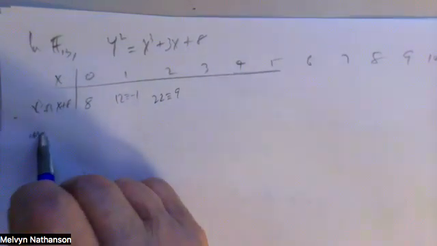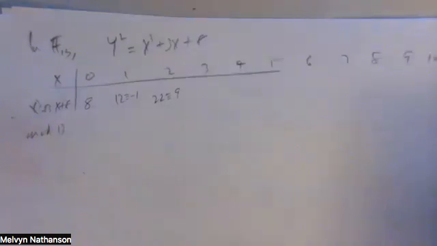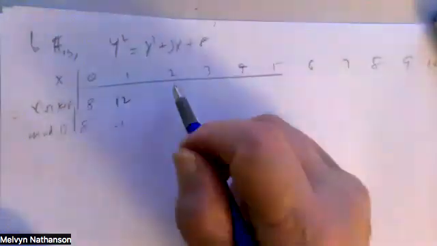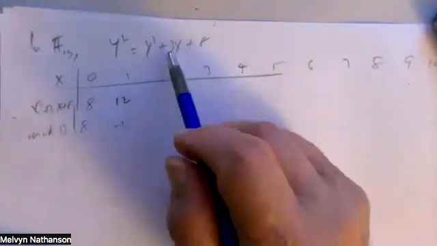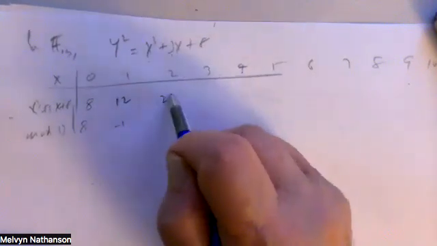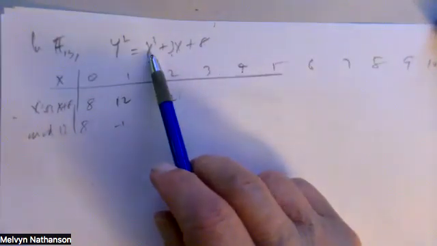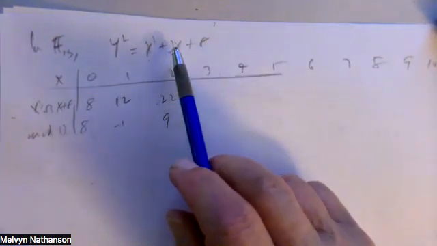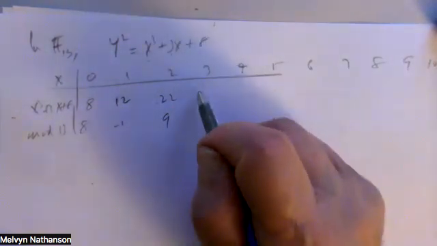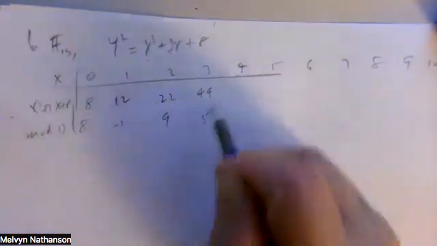I'll put it mod 13 so it's somewhat easier to see. So 8 is 8 mod 13. 12 is 12 or minus 1 mod 13. 22 mod 13 is 9. 3 cubed is 27 plus 9 is 36, plus 8 is 44. Mod 13, I think that is 5.